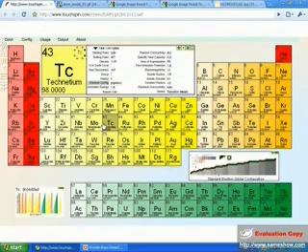The only thing that the periodic table doesn't tell you is the number of neutrons in an atom of an element, and the reason is that we have things called isotopes. For every element on the periodic table, you can determine the protons and the electrons, but the neutrons vary.